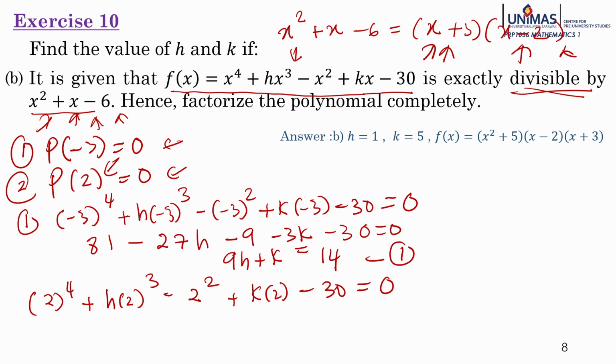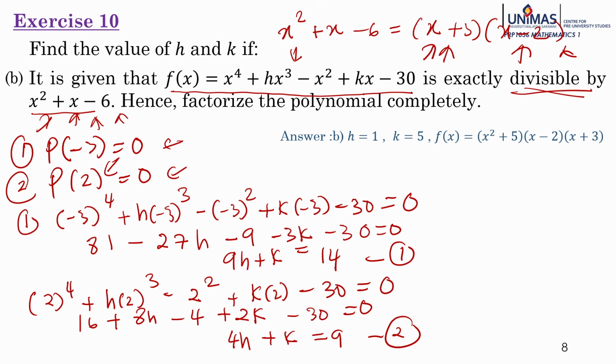And then you simplify: 16 plus 8h minus 4 plus 2k minus 30 equals 0. You can get 4h plus k equals 9. So this is the second equation. So we have two equations, which means we have to solve these simultaneous equations, whether using the substitution method or the elimination method.